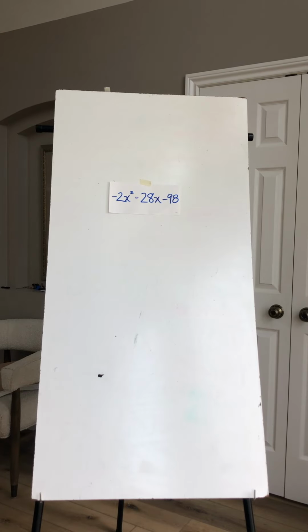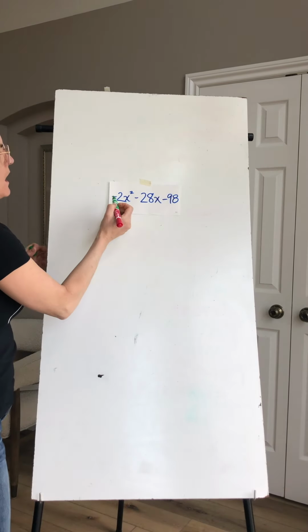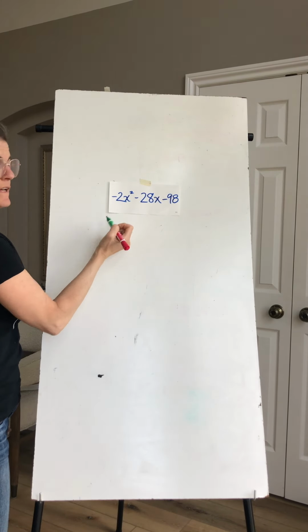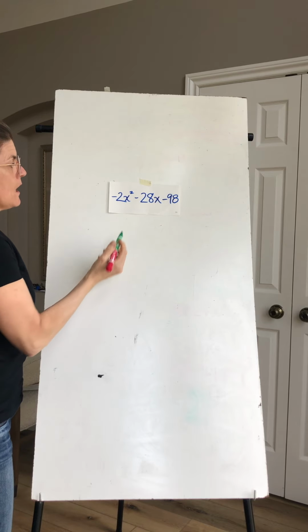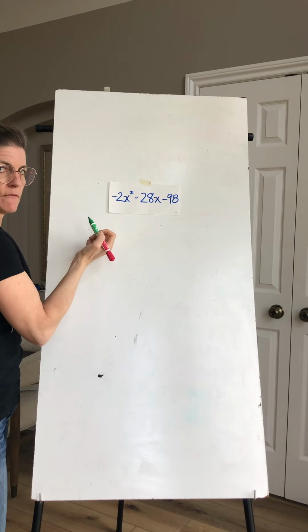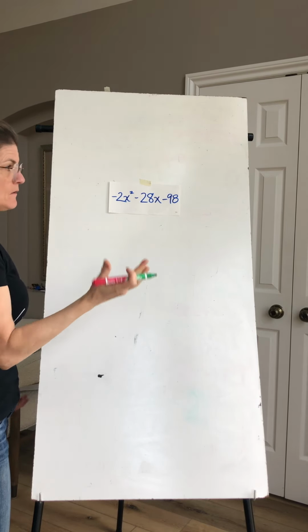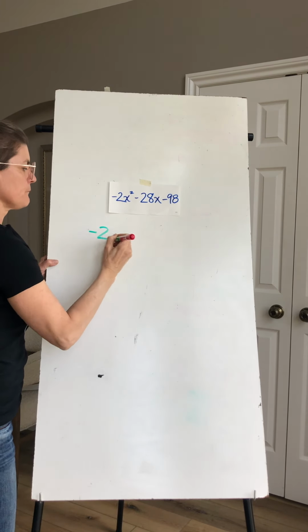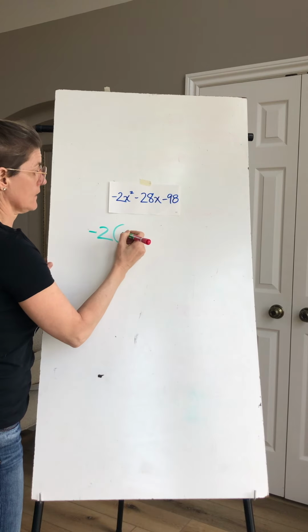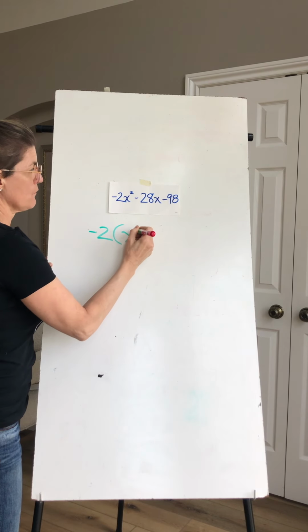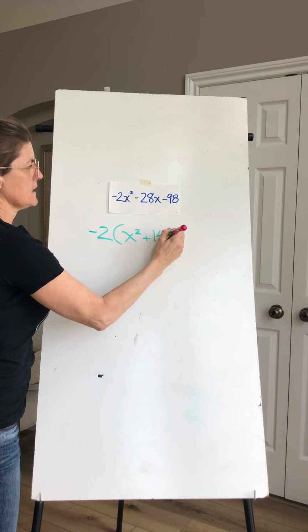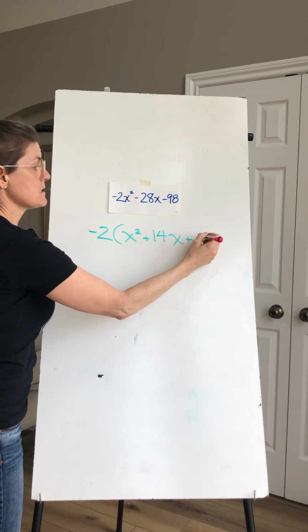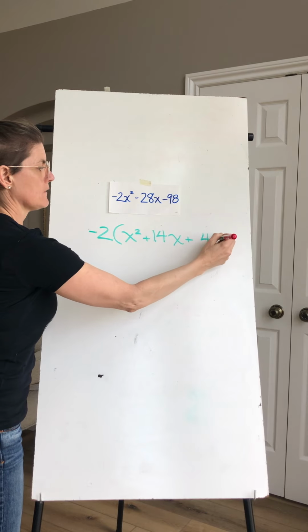All right, I'm going to jump right in. I'm seeing that the 2 can divide out, which is lovely, because that means I won't have anything else in front of the x squared. I'm also, if I ever have a negative in front of my first term, my largest exponent, I'm always going to take that negative out. And we'll discuss why we do that later. So, x squared plus 14x plus 49.